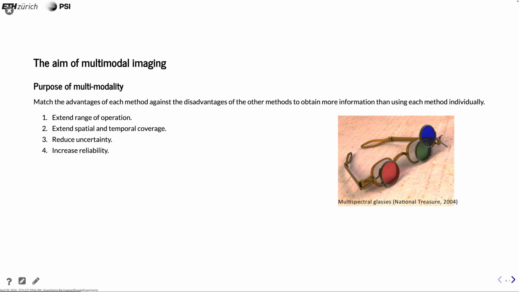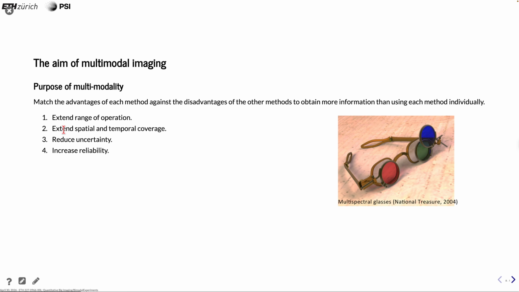So if we now would add a new modality, it is to try to match the advantages of each method and level out the disadvantages, and with that hopefully provide more information than if each modality was used alone. This could in some cases extend the range of operation.